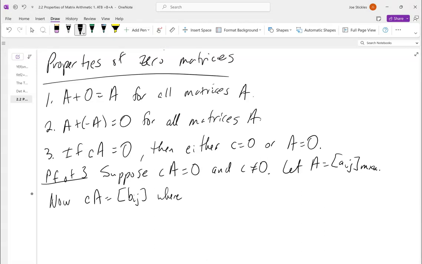When we do scalar multiplication, how does that work? What do you do with the scalar? Multiply by every single entry, right? So your b sub ij here is going to equal c times a sub ij, right?